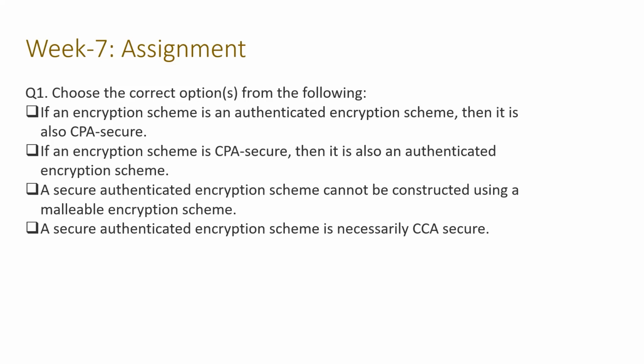In a CPA secure encryption scheme, we achieve secrecy of the underlying message in the presence of an encryption oracle, right? The adversary has access to an encryption oracle. By encryption oracle, we mean that the adversary can give plaintext of its choice to the oracle and get back the corresponding encryption of that message.